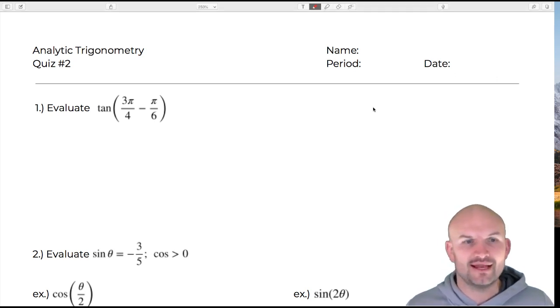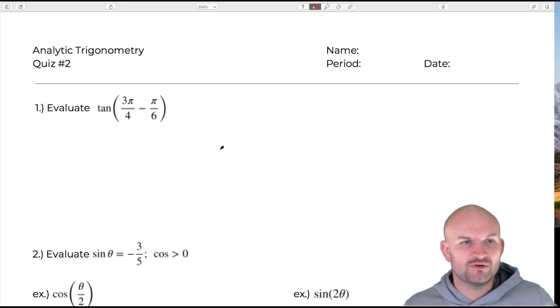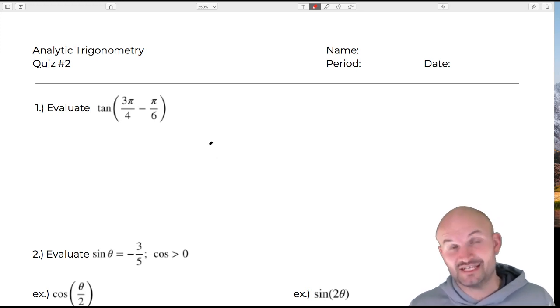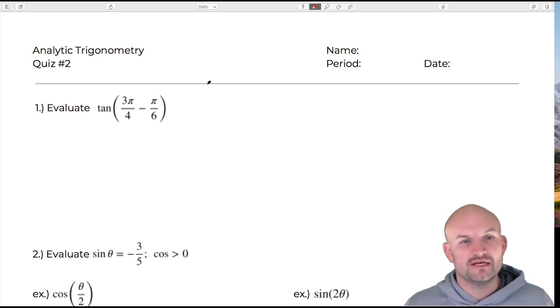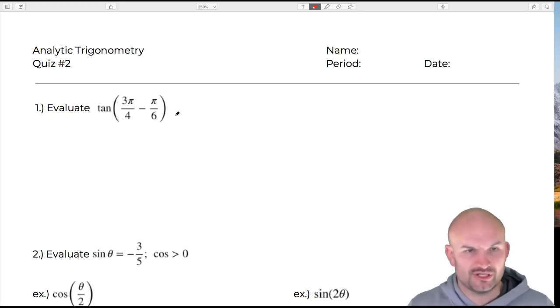All right, let's go ahead and get started here. The first question was evaluating for tangent using the sum and difference formulas. What we needed to do is remember to use the formula, and my students had the formula sheet.